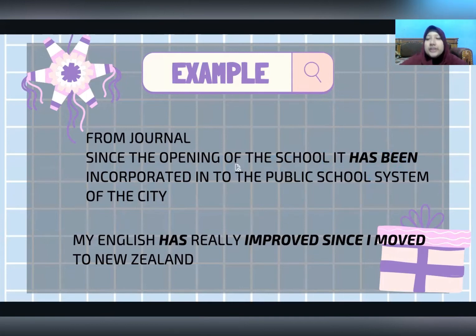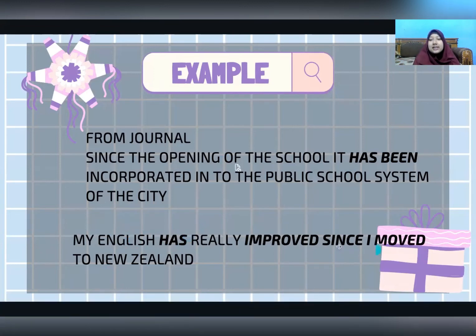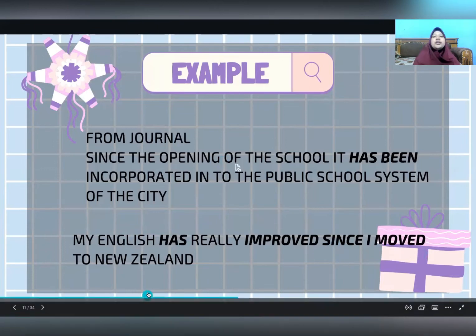The other example is: my English has really improved since I moved to New Zealand. My English has improved since I moved to New Zealand.